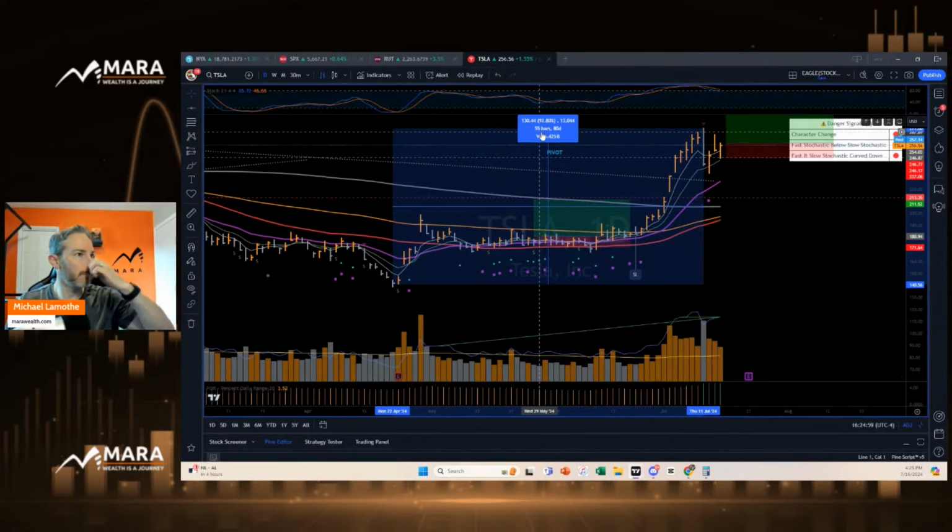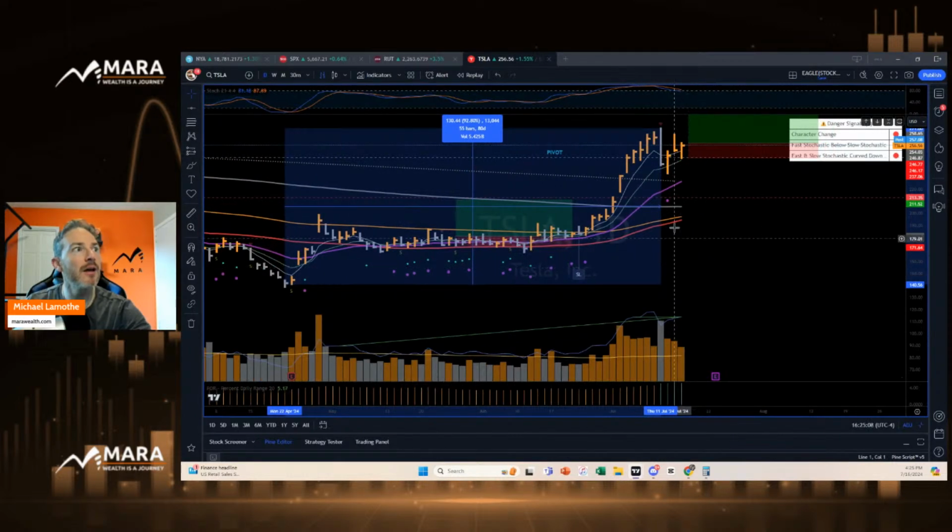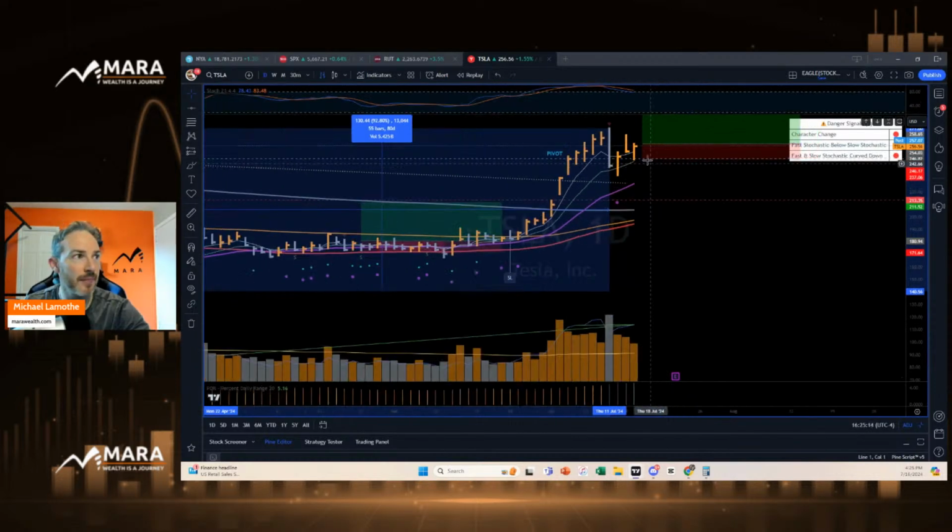But with this here, it's getting close. I don't think that it's quite actionable yet. The reason why: it pulled back, reversed off the 10-day exponential moving average, then popped again, and now it's bouncing back and forth.